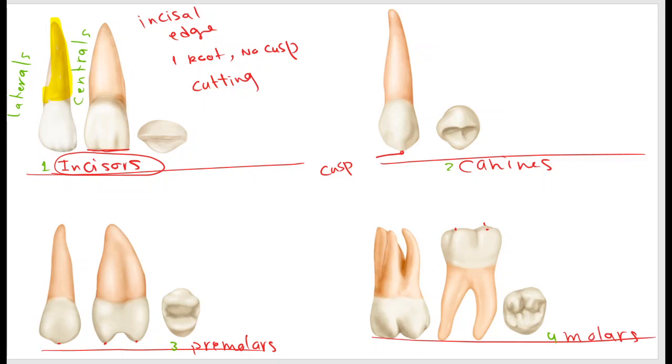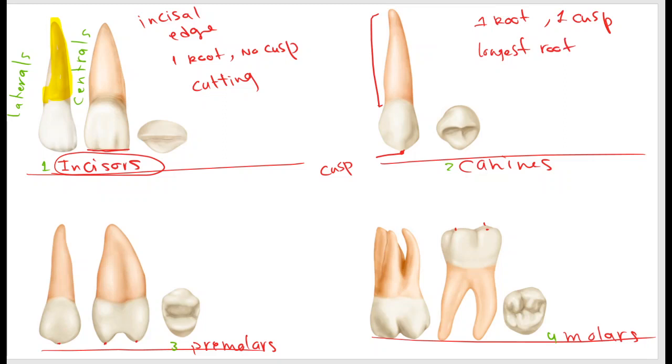Okay. For canines, technically there are 8 in total, but we'll get to that as well. So canines, you have 1 root and 1 cusp always. The canine root is the longest, so the tooth technically is the longest.